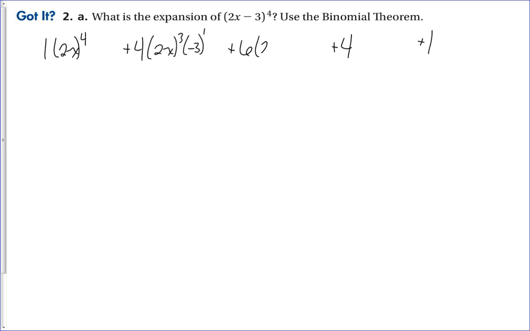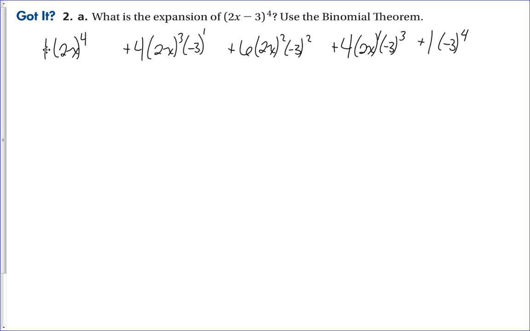And then you keep going. 2x squared times negative 3 squared. Then you're going to have 2x to the first, negative 3 cubed. Then you're going to have 2x to the 0, which I'm not going to write. And then you have negative 3 to the fourth power. All right.